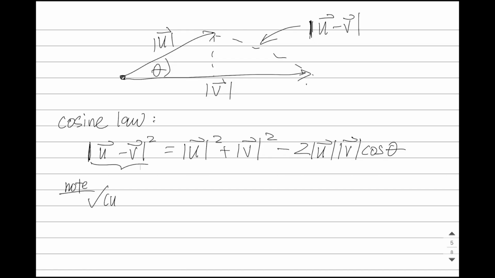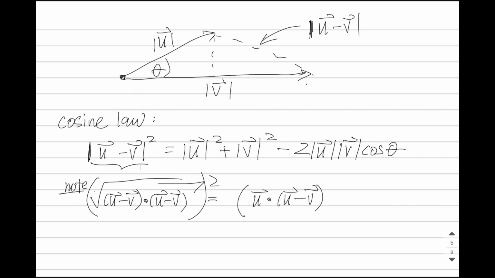This thing right here is u minus v dotted with u minus v. And then you're essentially squaring the whole thing. If you use the properties of the dot product, you're going to get u dotted with u minus v, subtracted with v dotted with u minus v.